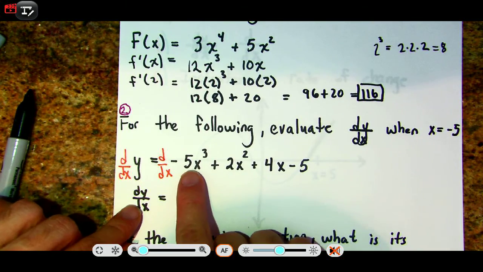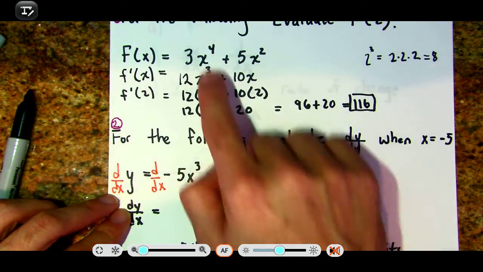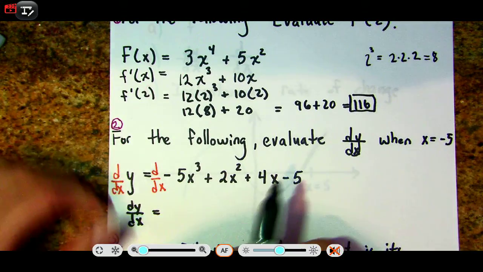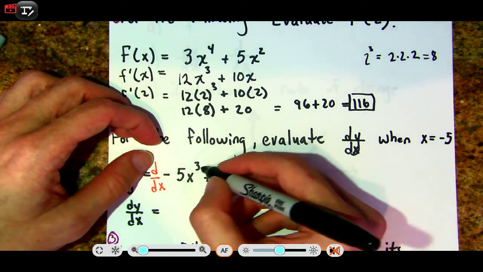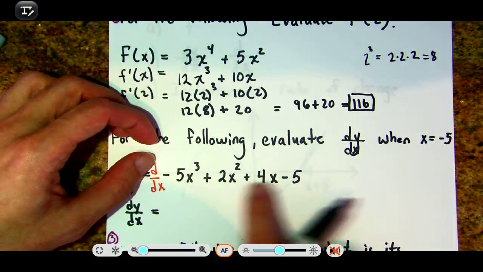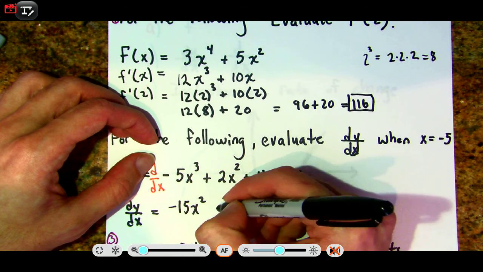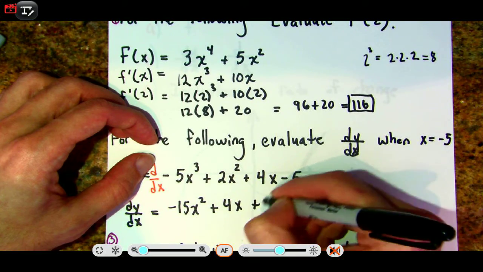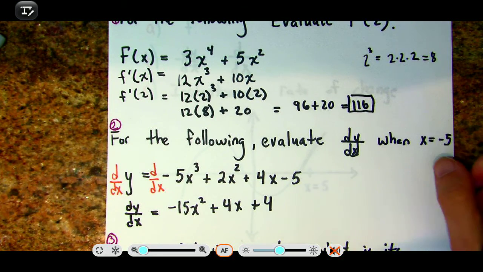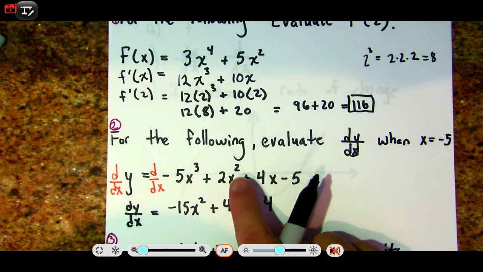Okay, so this means we're finding the derivative. And here we just follow our power rule. So don't freak out. So here we just take the power rule, so this becomes what? Find the derivative of this on your own, but it's just negative 15 x squared plus 4x plus 4. And now, this is dy dx. We're just taking the derivative. It's just another way of expressing it.